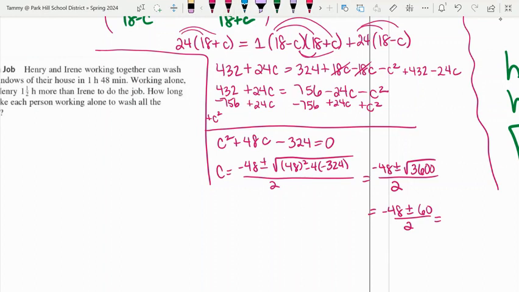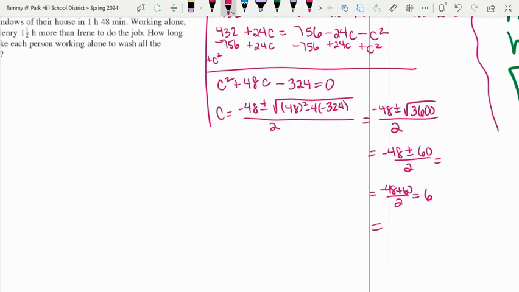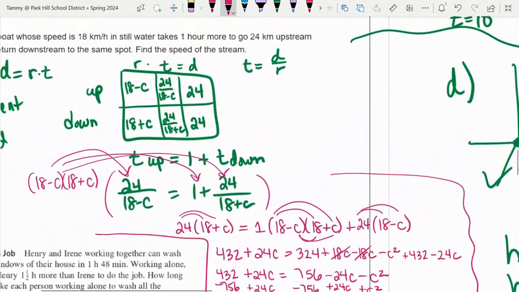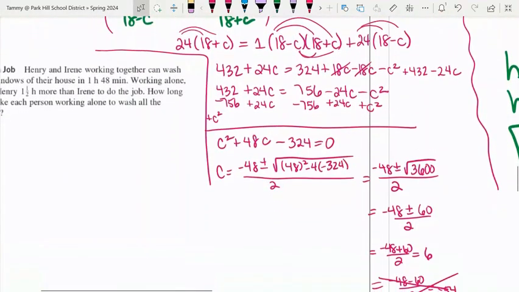Negative 48 plus 60, divided by 2, ends up being positive 6. The other answer is negative 48 minus 60 divided by 2, negative 54. Can't have a negative. So my answer is 6 for c. Find the speed of the stream: 6 kilometers per hour.